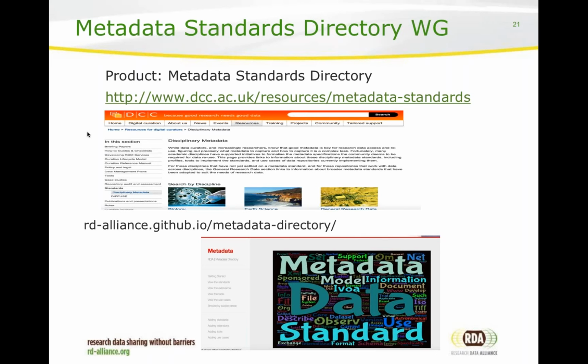So the whole outcome from the Metadata Standards Directory Working Group was that we actually implemented this standards directory from DCC in GitHub to make it much easier for people to update and add new standards to the directory if they weren't already there.